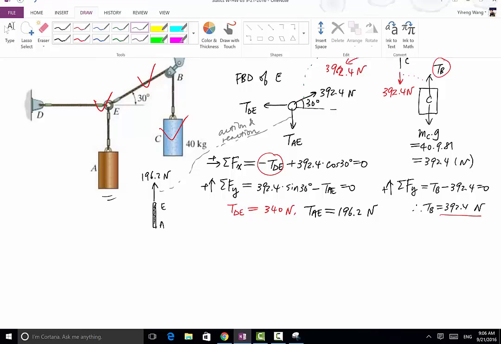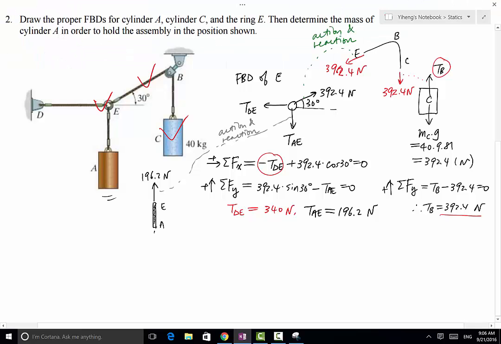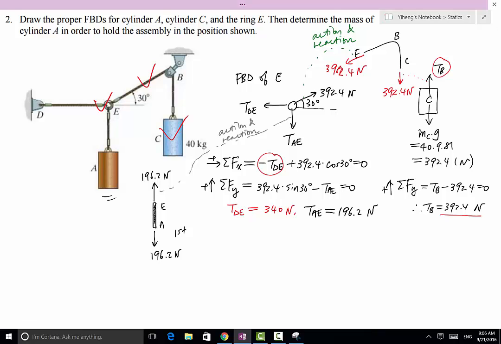And then it is also subjected to the force exerted from cylinder A. And this force right here, because of equilibrium, must also equal 196.2 Newton. So I'm applying the first law here again, even though I didn't write it out completely.